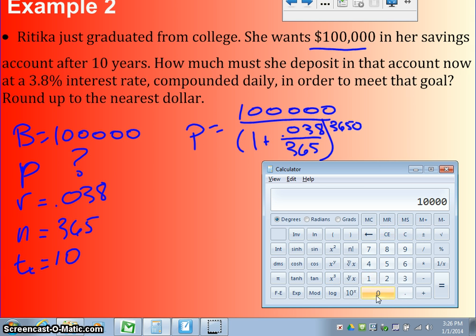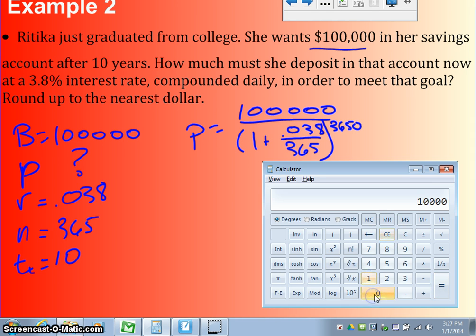So 100,000 divided by 1 plus 0.038 divided by 365, close parenthesis, and that's going to be to the 3,650 power.